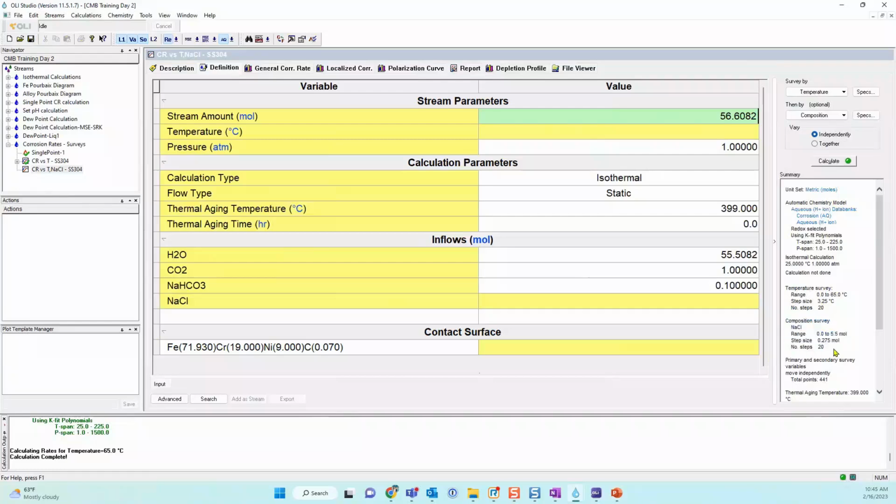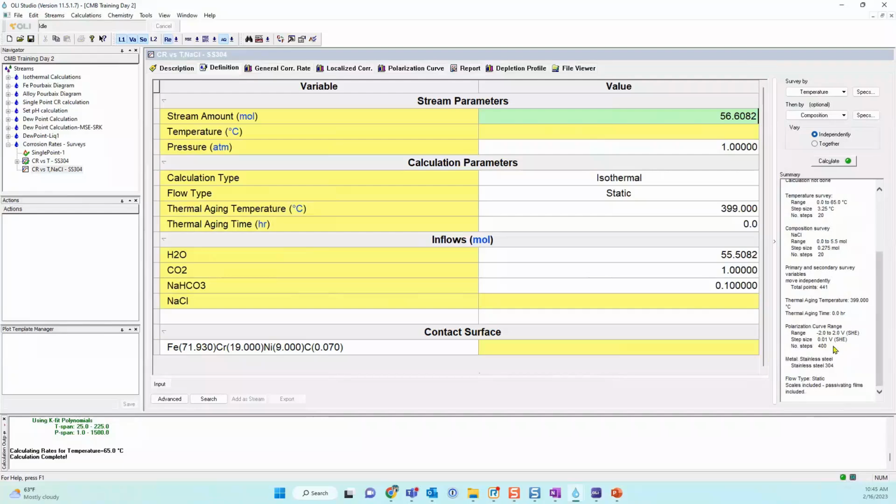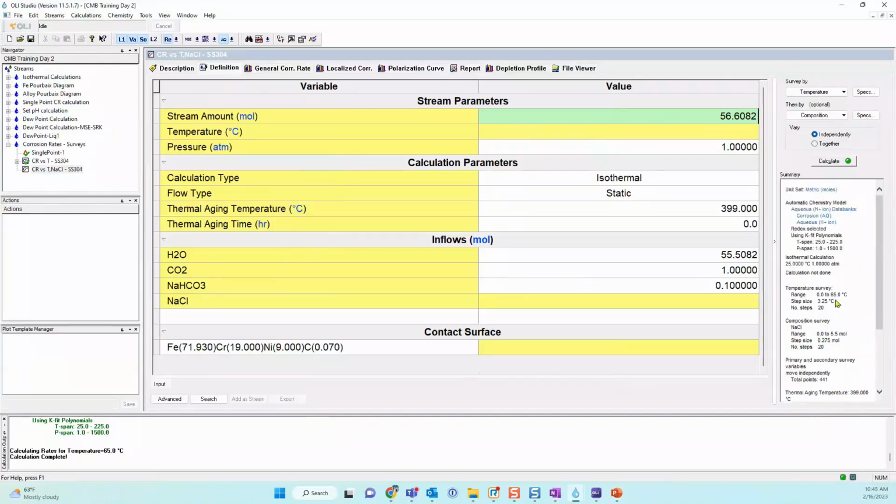Composition survey, number of steps is 20. And I was wrong, totally wrong. The total amount of points that are going to be calculated are 441 points. So it's going to be a very well refined plot that you will have. Okay, let's save, because you never know.